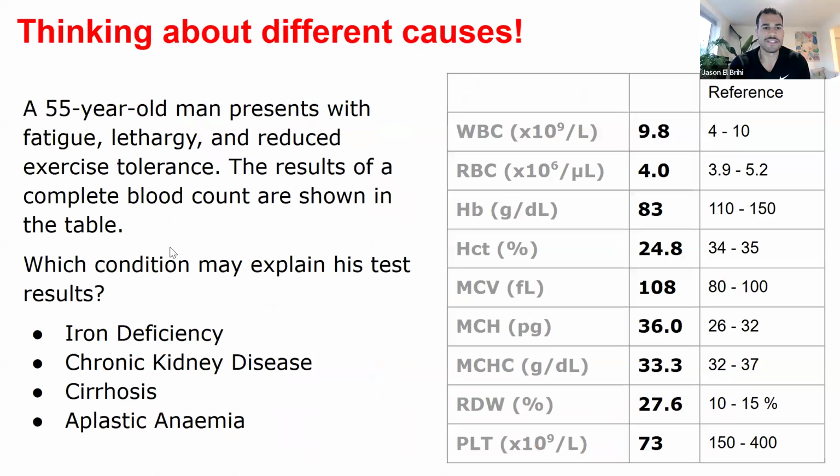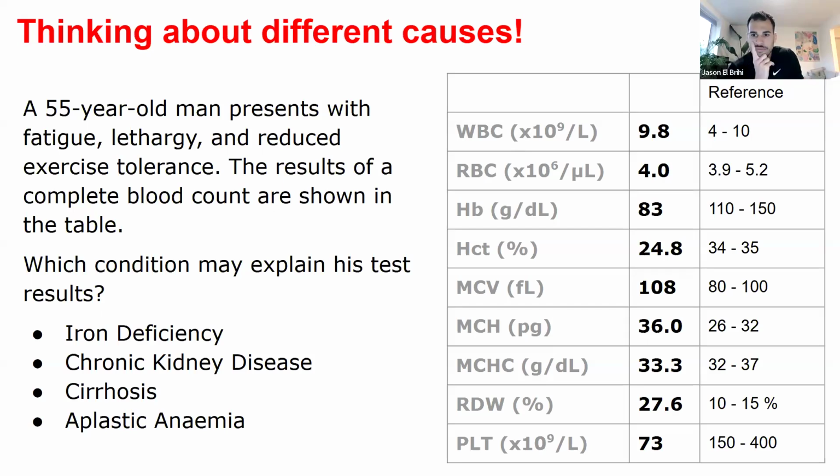All right, so let's do this question first. A 55-year-old man presents with fatigue, lethargy, and reduced exercise tolerance. This is the full blood count. What condition could explain the test results? So does anyone want to quickly go through what's abnormal in this result?